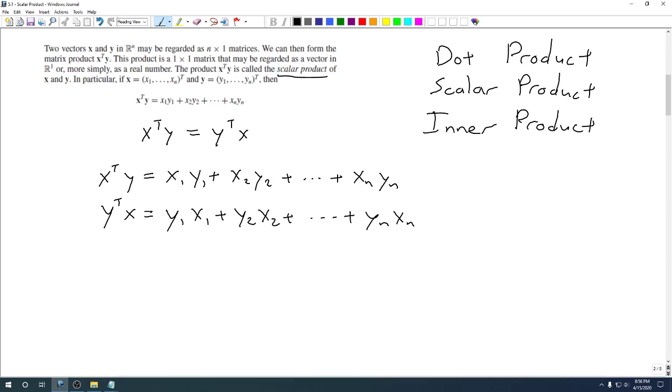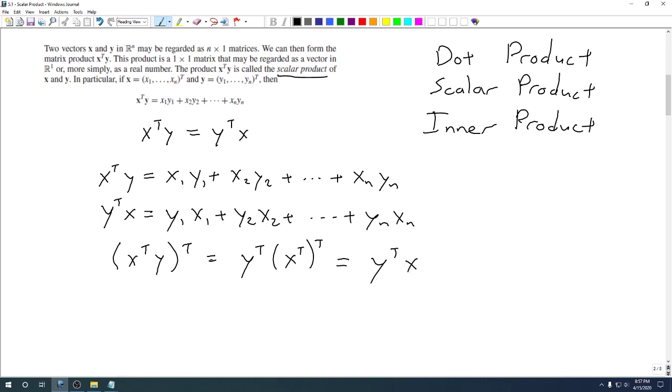You can actually think about that in terms of matrix transposes. If we take x transpose y and transpose that, remember taking the transpose of a product means that we swap the order and take the transpose of each one. So we have y transpose times x transpose transpose, but x transpose transpose is just x.